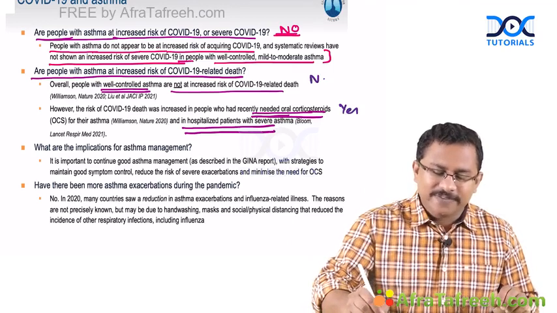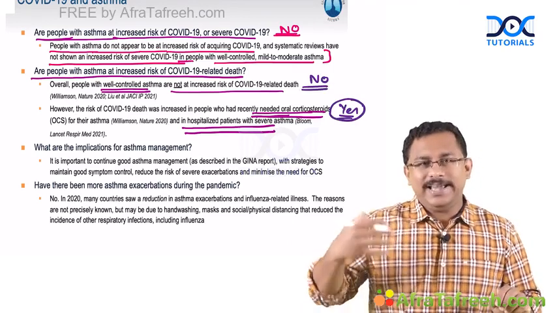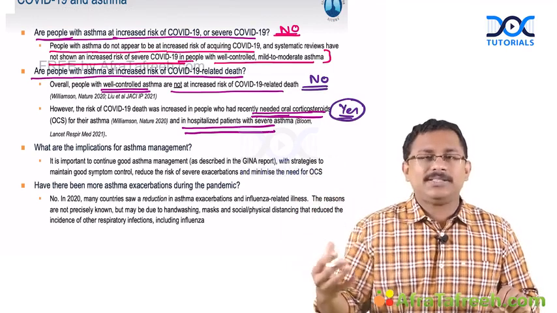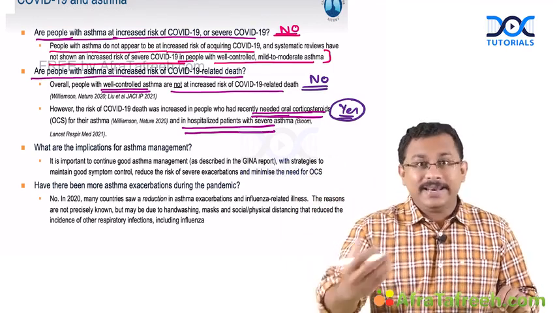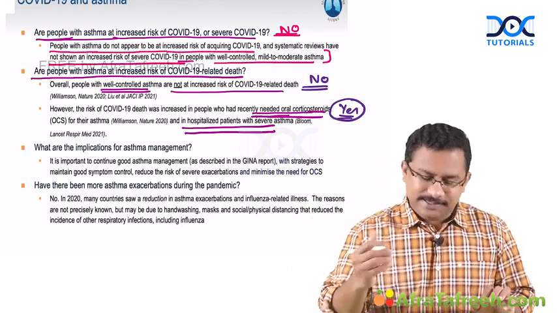So the well controlled answer is no, but if the patient is on a higher step and requires oral corticosteroids and has had a recent hospitalization, then the answer is yes.